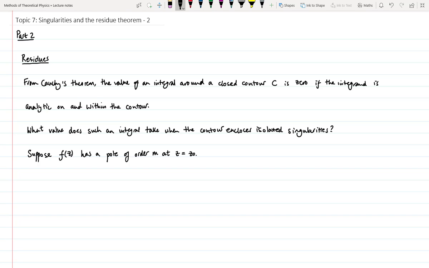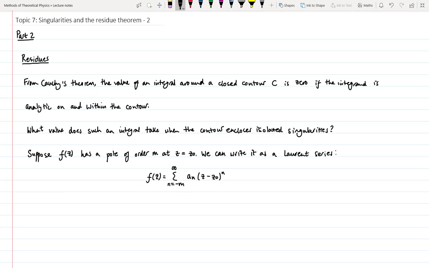We know from the previous video that this means we can write this function as a Laurent series, and m gives us the most negative power in that Laurent series. So here we would be able to write that f of z is the sum from n equals minus m to infinity of a n z minus z naught to the n.